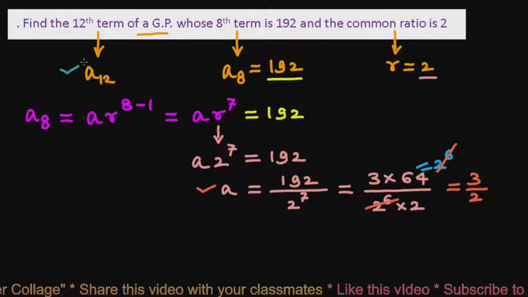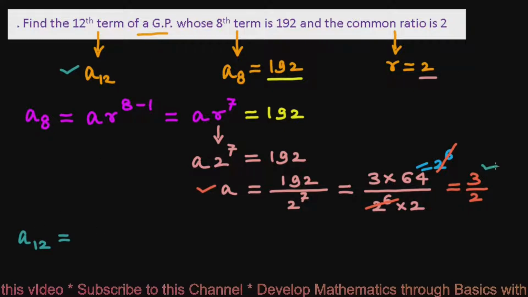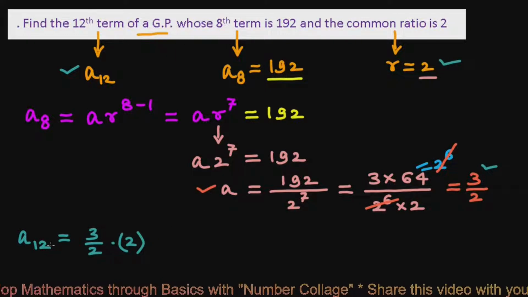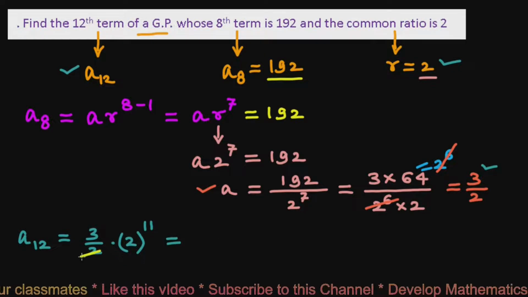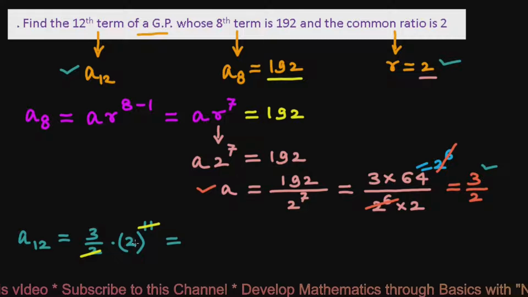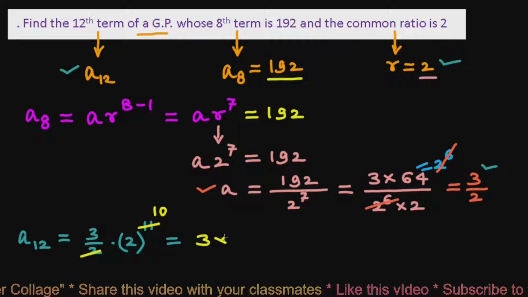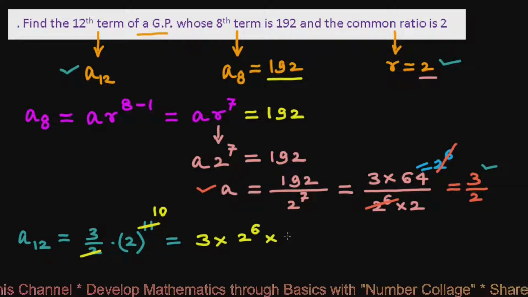Now this 12th term A12 will be A, which is 3 upon 2, R, which is 2 power 12 minus 1, 11. So that will be this 2 cancels with 1 2 from this and it becomes 2 power 10. So we get 3 multiplied by 2 power 10, which will be 2 power 6 multiplied by 2 power 4.